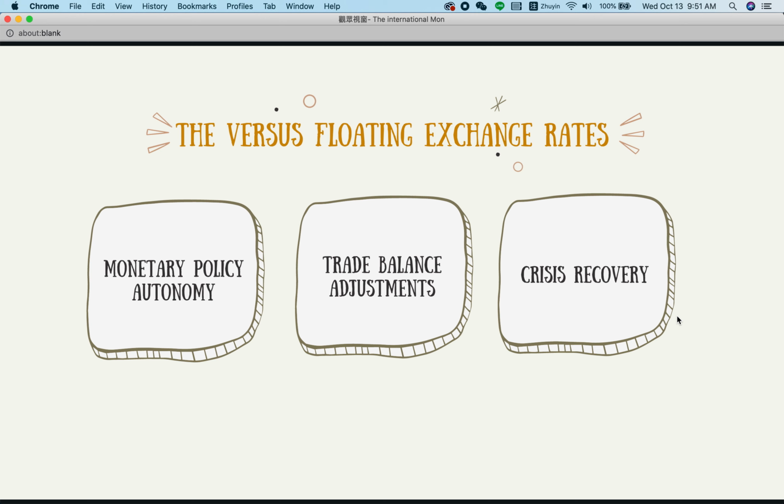And the trade balance adjustment mechanism works much more smoothly under floating exchange rate regimes.